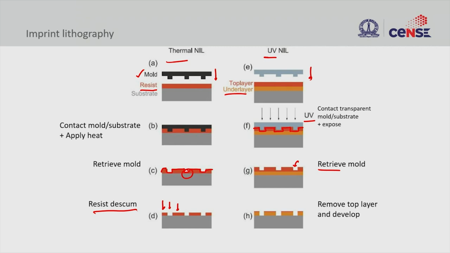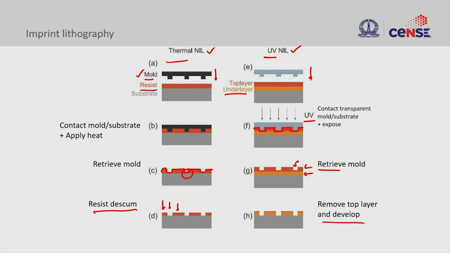In UV, you can have a soft layer that is photo definable, and then an underlying layer that can be used to transfer the pattern, either using a developer or some kind of plasma process. Both can be used, and based on the application, you use either thermal or UV. One of the main differences is the type of mold.